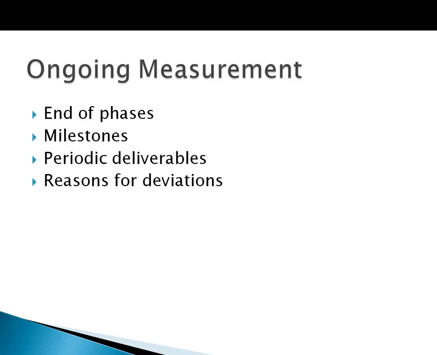So if I notice that cost or I'm slipping on my schedule or there have been errors in the scope, this is really a clue to go back to planning and to really examine my program plan and where those deviations may exist. Are there trends in a certain area or a certain constituent project that may affect the ability of the program to hit its objectives as far as time, cost, and scope?